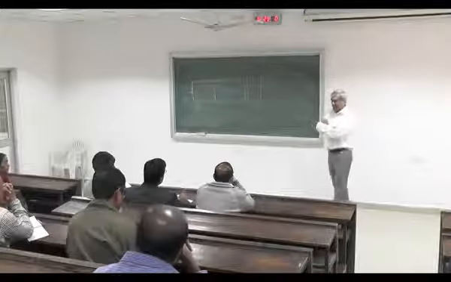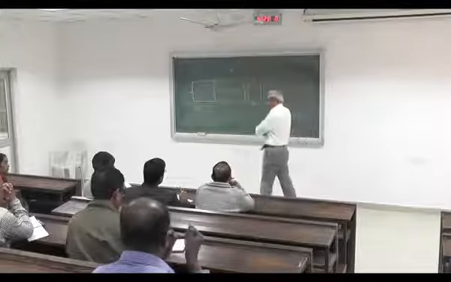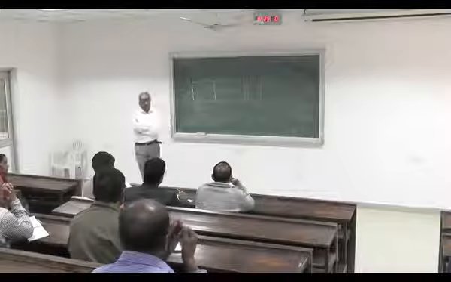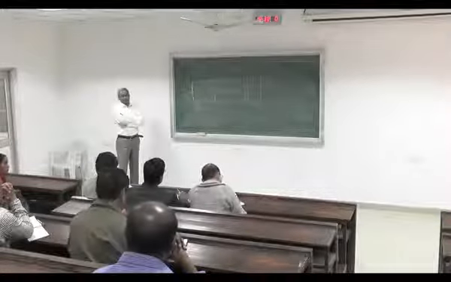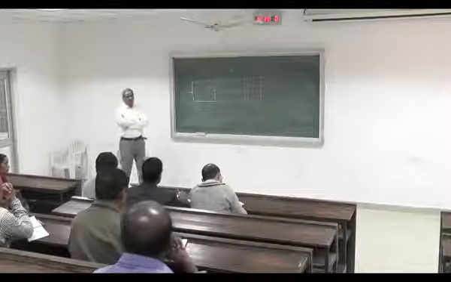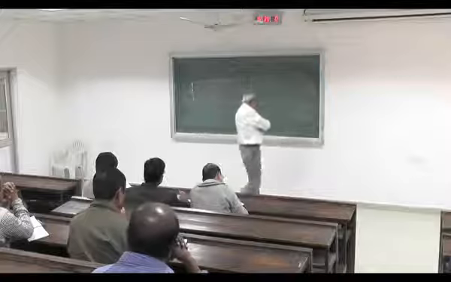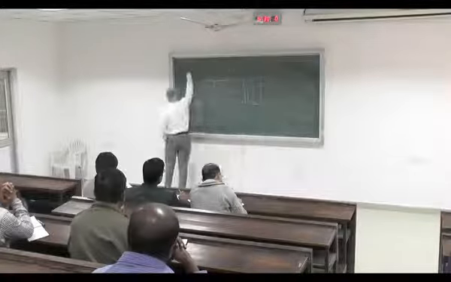Close to the resonant frequency, switched slightly above the resonant frequency, that is ZVS, and then you get the best utilization of all the components. So at high frequency, what we can do is something called pulse density modulation.